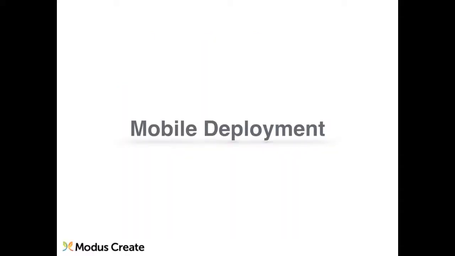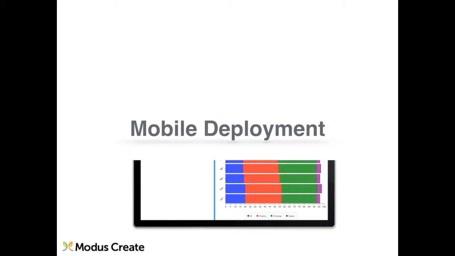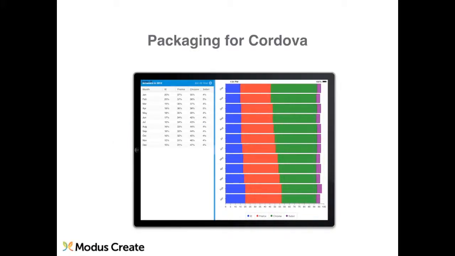So finally, let's talk a little bit about mobile deployment. This is definitely a new topic for Ext JS. Most of us never used to deploy Ext JS enterprise apps on mobile devices. We have a few options, and the most common option is obviously Cordova.